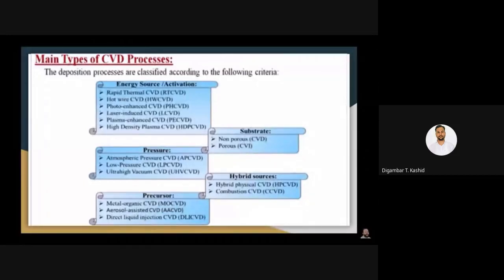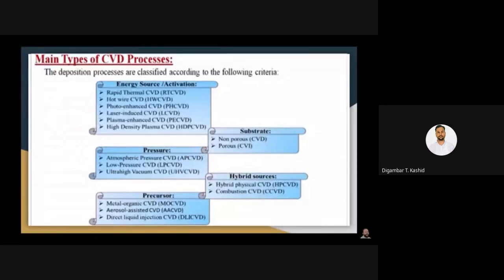The first one is the energy source and activation. So look here: rapid thermal CVD, in short RTCVD, then hot wire CVD, photo enhanced CVD, laser induced CVD, plasma enhanced CVD, and high density plasma CVD.